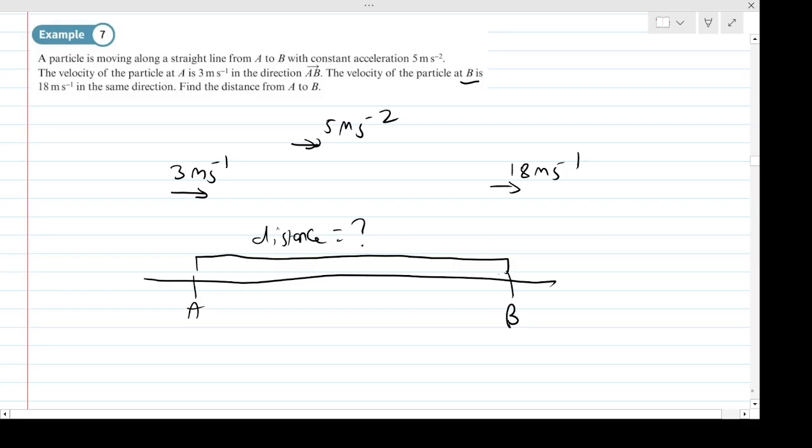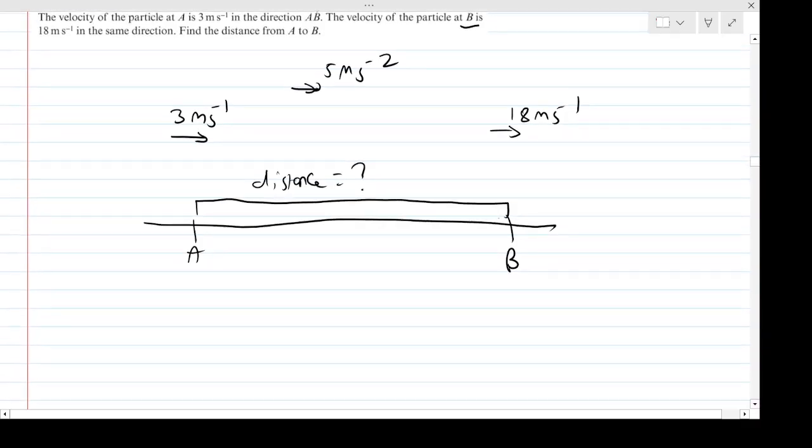So we've got a bit of information here. Again, the strategy is I'm going to list my SUVAT. What do I want, and what do I have? Well, S is my displacement or distance, and that's what I want to work out, so S is question mark. U, the initial velocity, is 3.